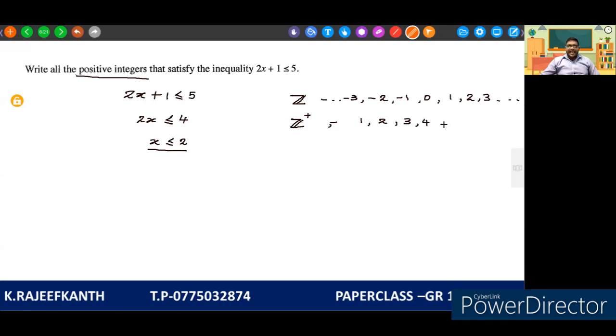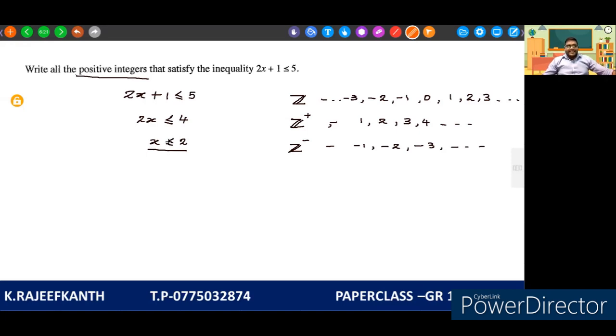We can't write the negative values and also 0. If it is negative integers, we have to write only negative answers. We can't write the positive values and 0. Here the condition is positive integers, so the solution of x can't be a negative value or 0. Always the value of x should be positive.